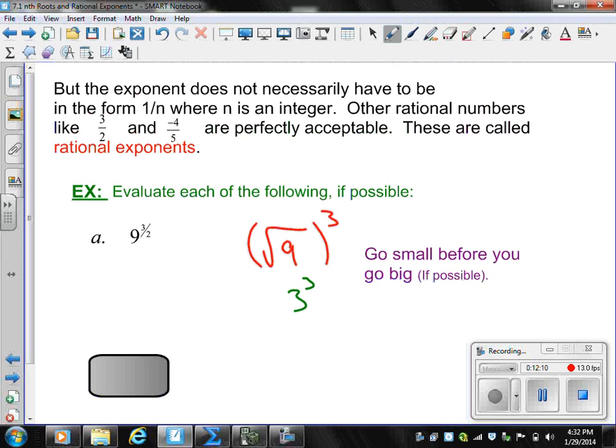And if you ever get caught up in these and you're not sure, did I do this right, there's a couple things you can think about here. First of all, I'm raising 9 to the power of something that is more than 1. So you should expect to get a number that's more than 9. Okay, well 27 is more than 9. Sounds great so far. You can also just put this right in your calculator if it's available. Not that you can always do that on a quiz. But you can put that in your calculator and you should get back 27.